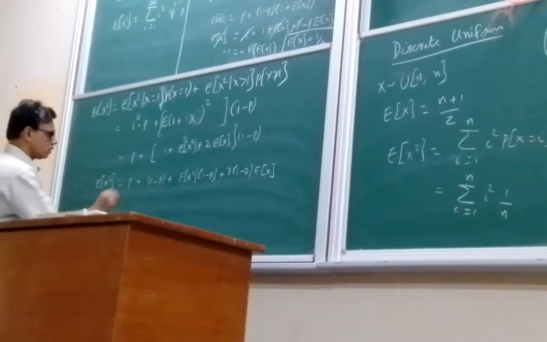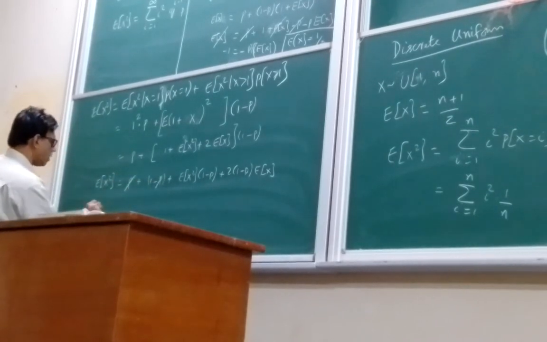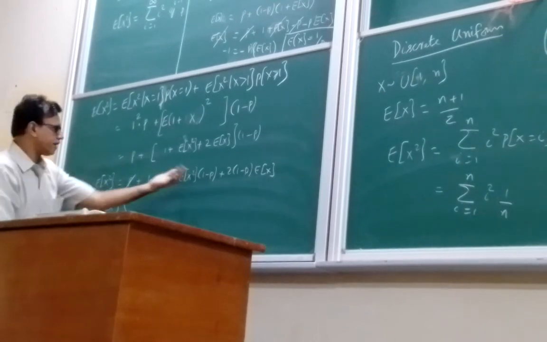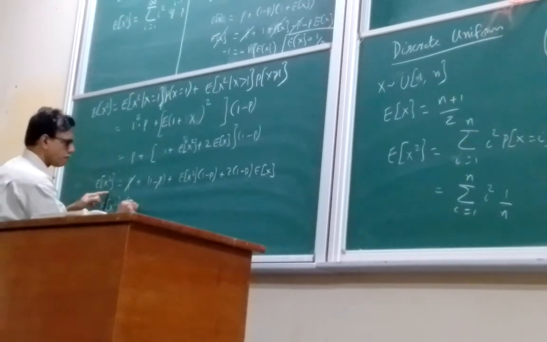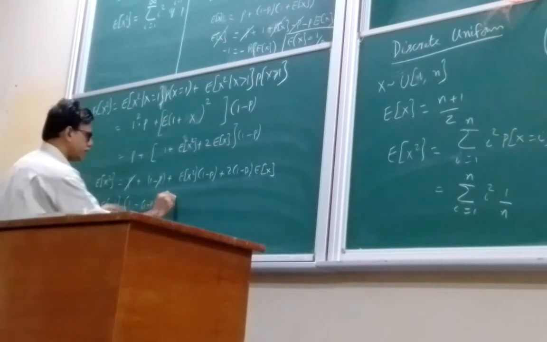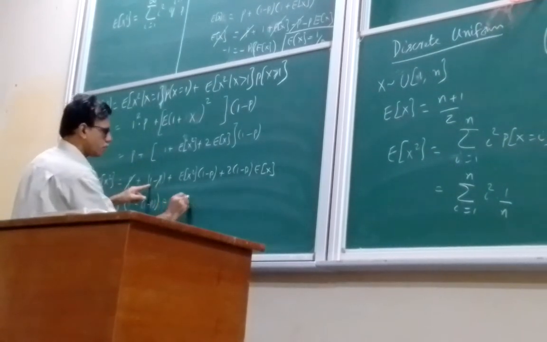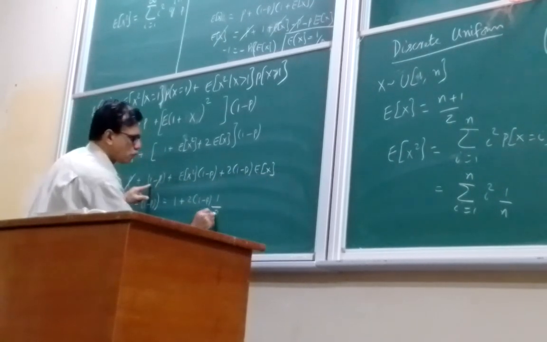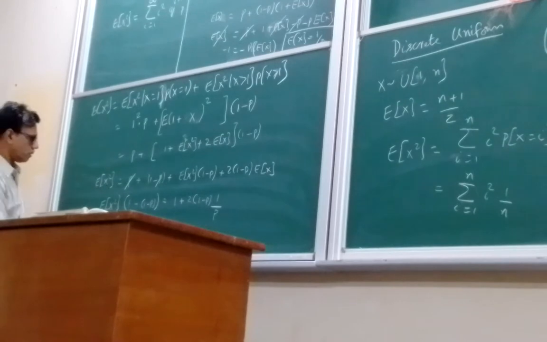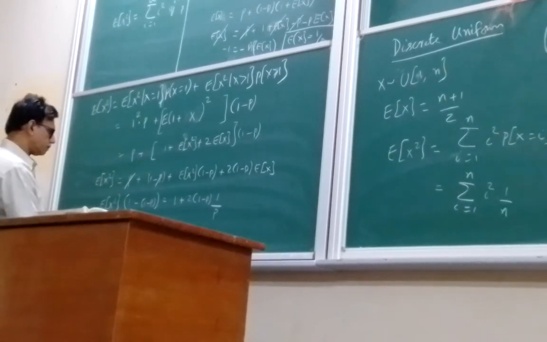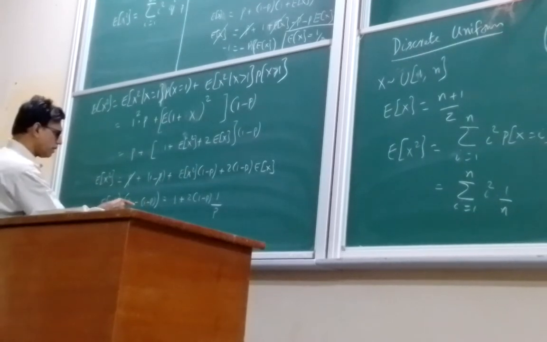Okay. So therefore I will take this here. This is 1 minus of, here also 1. Yeah, so this is 1. 1 goes away. It's only p.